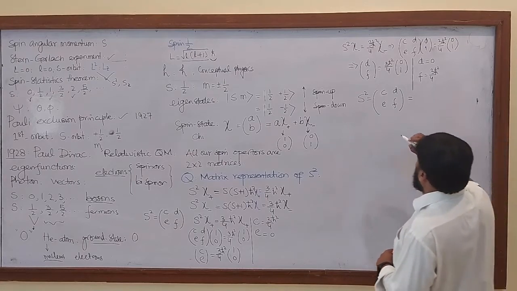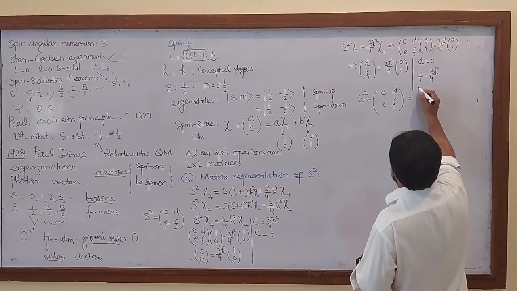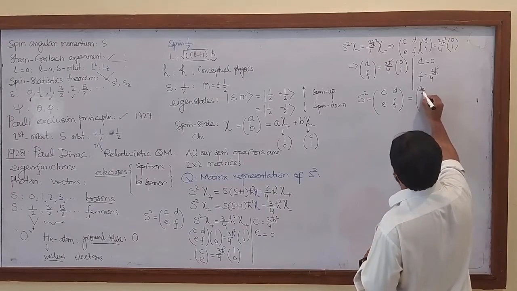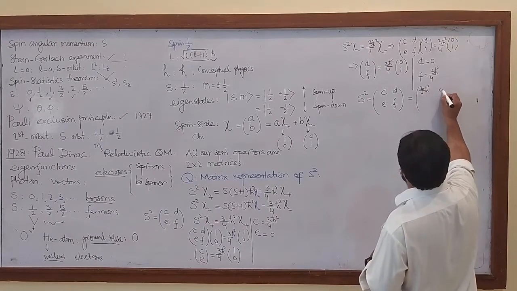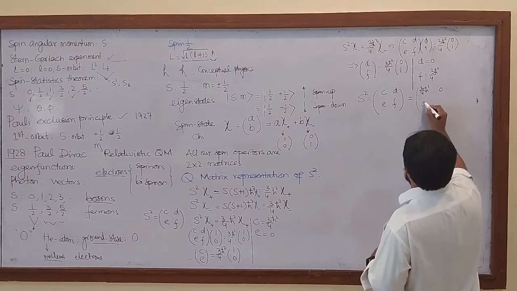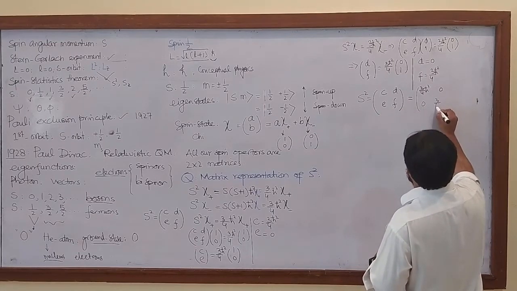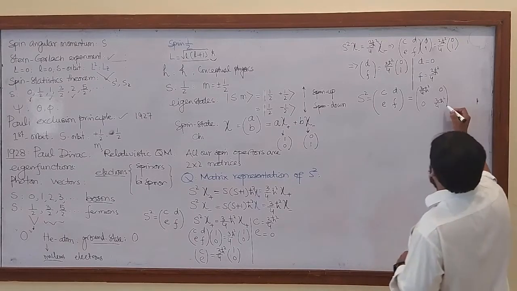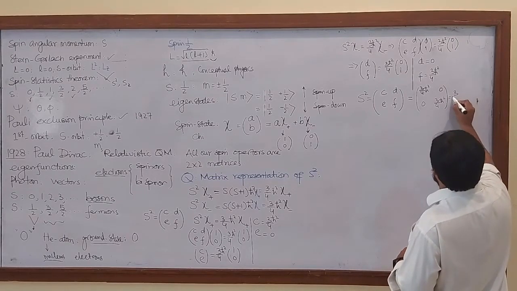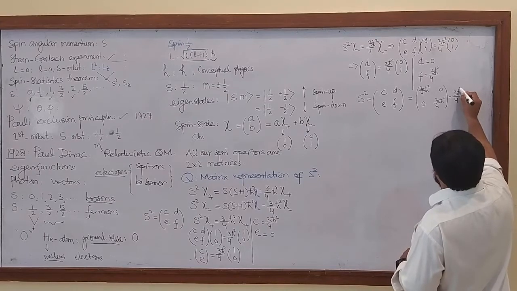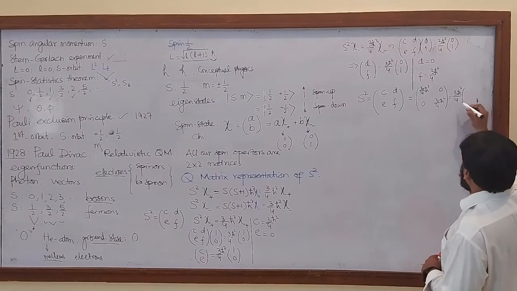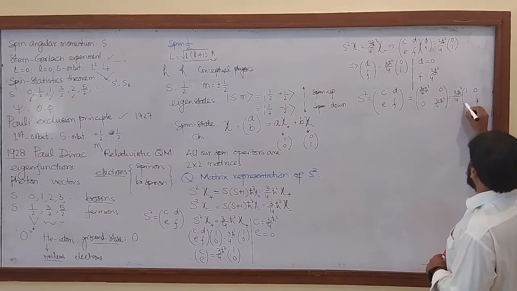So if I write this, then the value of C is 3 by 4 h bar square, D is 0, then E is 0, and F is 3 by 4 h bar square. And this is equal to 3 over 4 h bar square. If I take this common, then this is 1, 0, 0, 1.